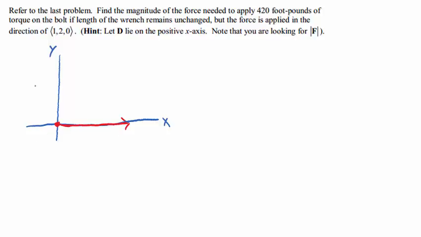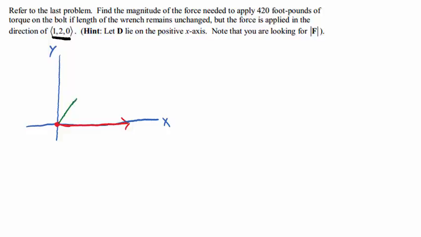Okay, so we apply a force in the direction of 1, 2, 0, is what this problem says. So the force vector is not the vector 1, 2, 0, but it's in the direction of 1, 2, 0. So the vector 1, 2, 0, or the vector 1, 2 in the xy plane, might look something like that.